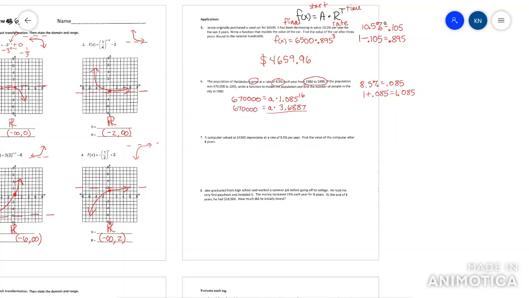So when you divide here, if you divide by 3.69 instead of 3.6887, your answer is going to be off some. So keep that in mind. I just pull from my previous answer. I don't even type 3.6887. I type 670,000 divided by previous answer. So I get my answer of 181,634.